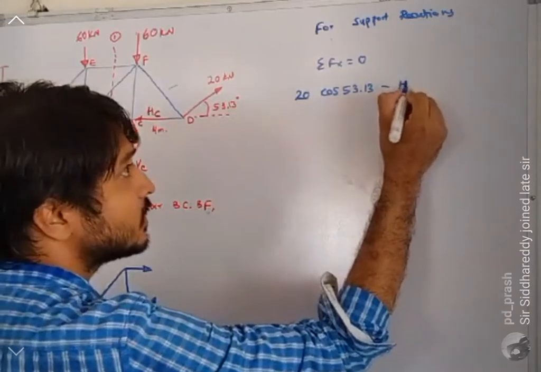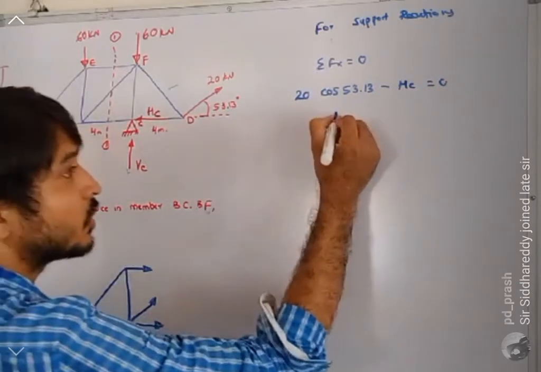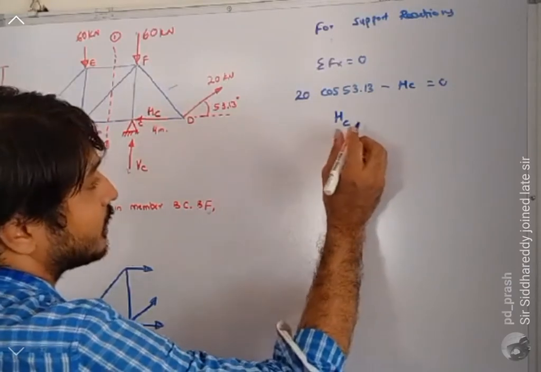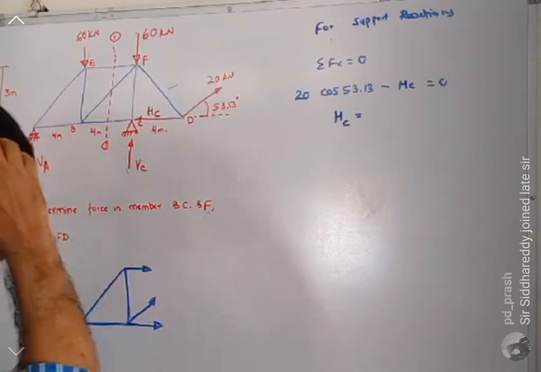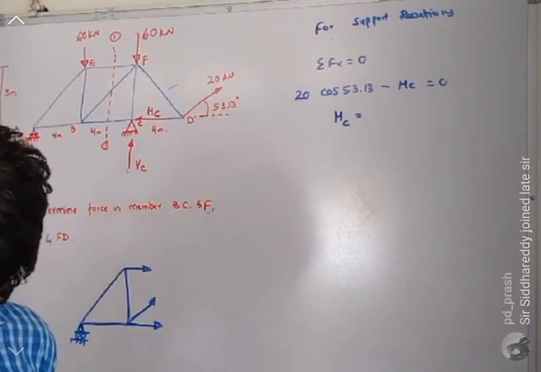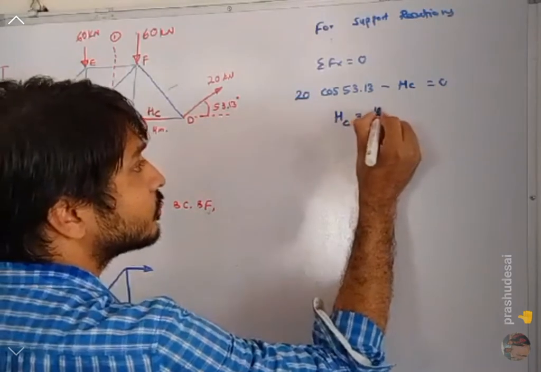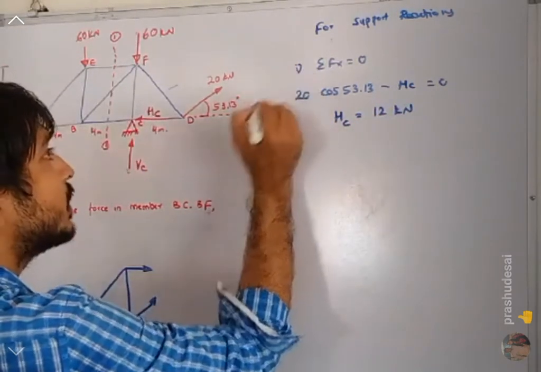So minus HC equals 0, nothing else is there. So the horizontal reaction at C is equal to 20 cos 53.13. What do we get? We get 12 kilonewton. This is the first equilibrium equation.